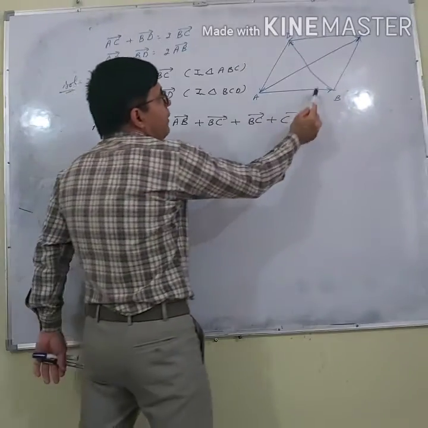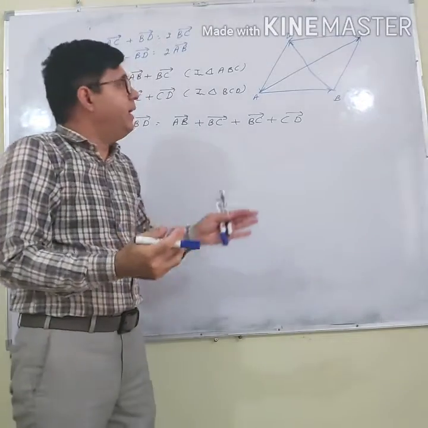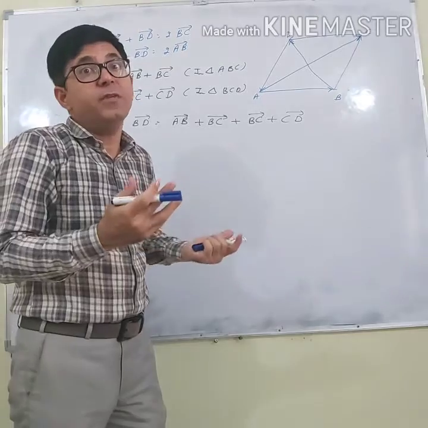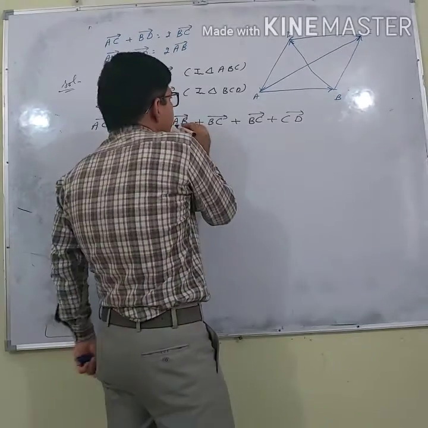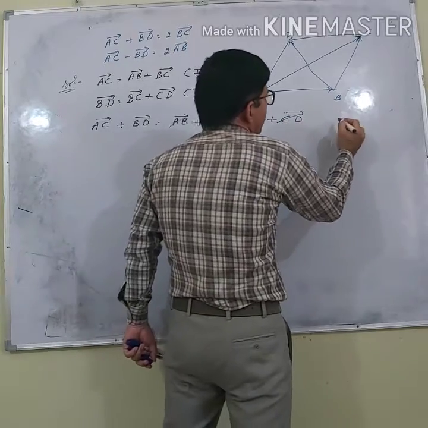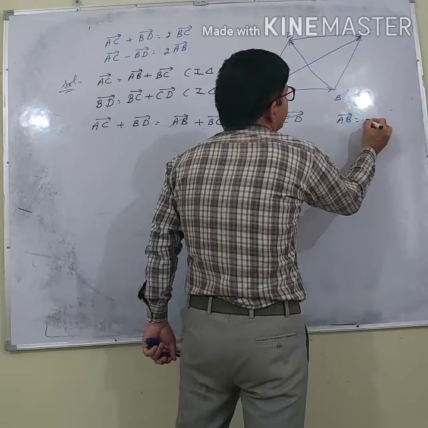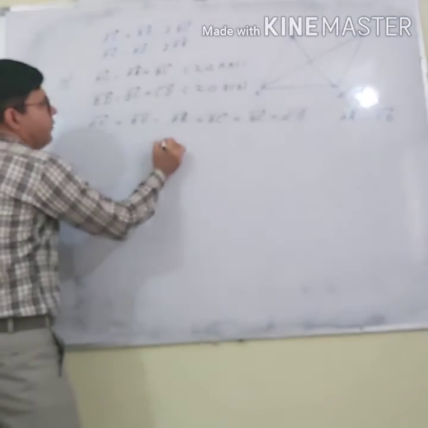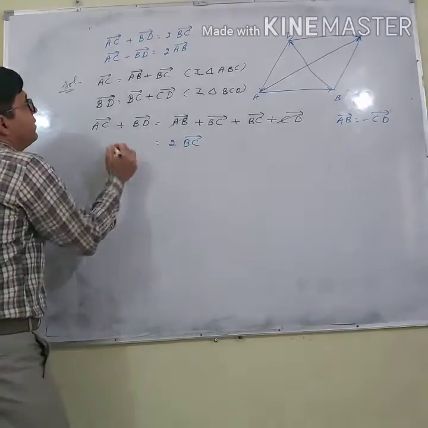AB and CD are in opposite directions, and they are opposite sides of a parallelogram, so they are equal and opposite. So AB and CD cancel, because AB equals negative of CD. So it equals twice of BC. So first I have proved this.